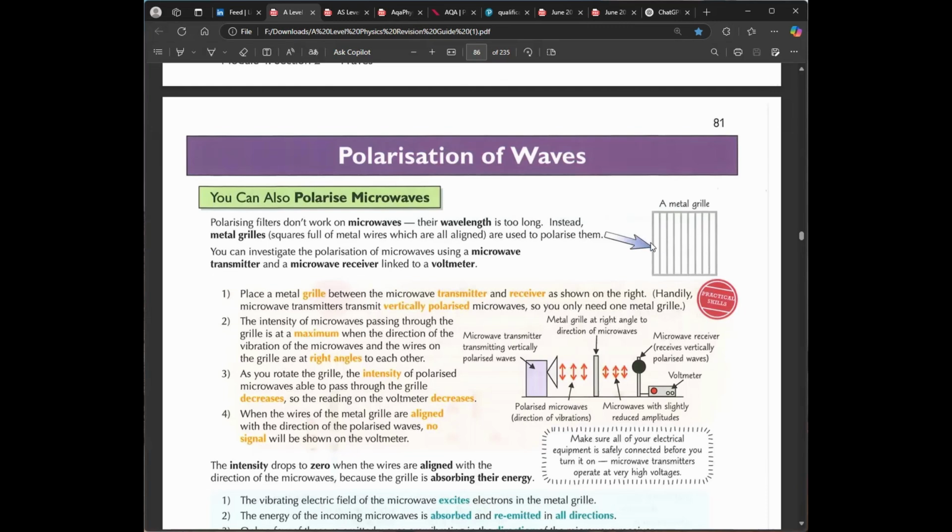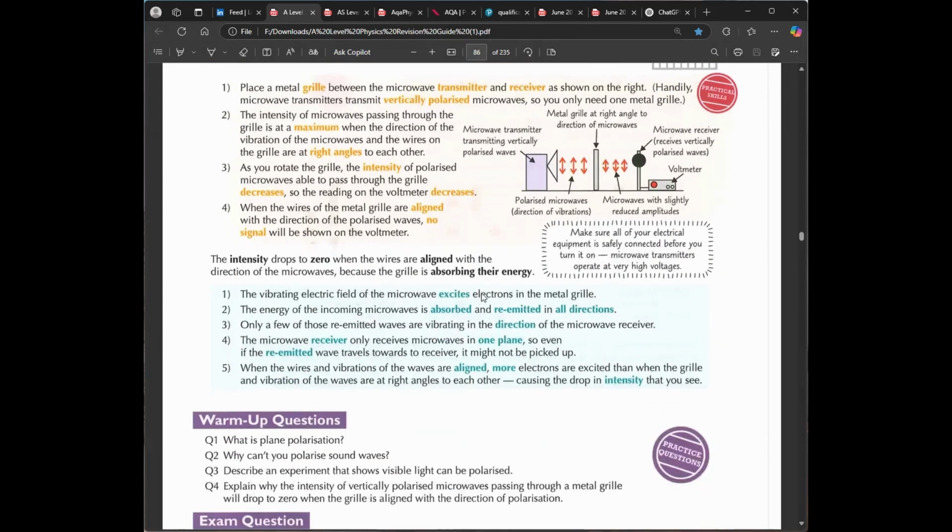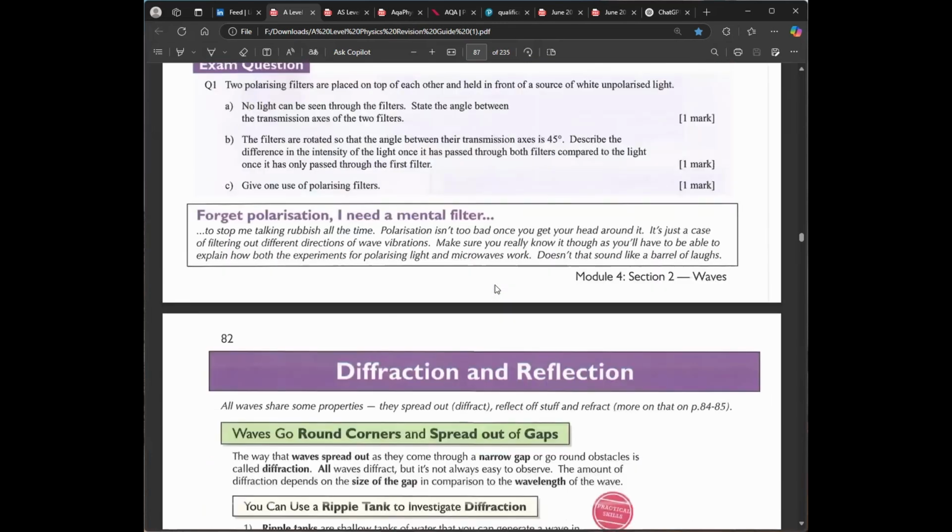To polarize bigger wavelength waves, you would need a bigger gap, or bigger distance between those vertical lines through which the waves can pass. So that is what they talk about, and I don't think there is anything else that is necessary here.